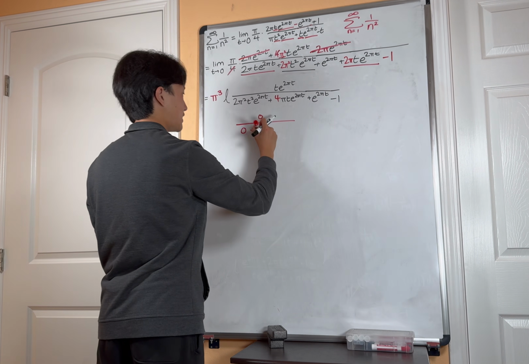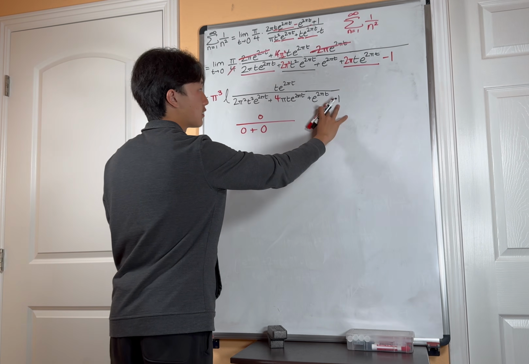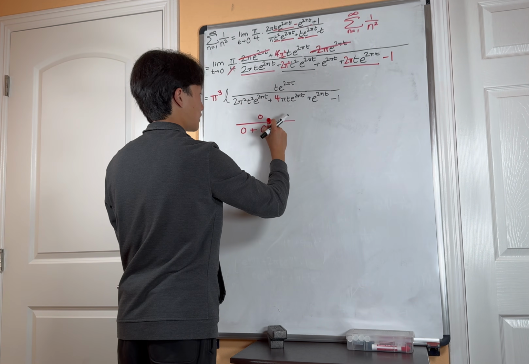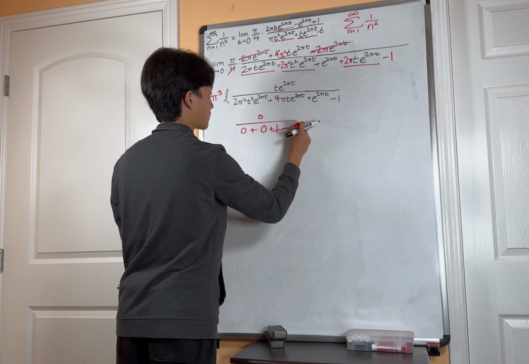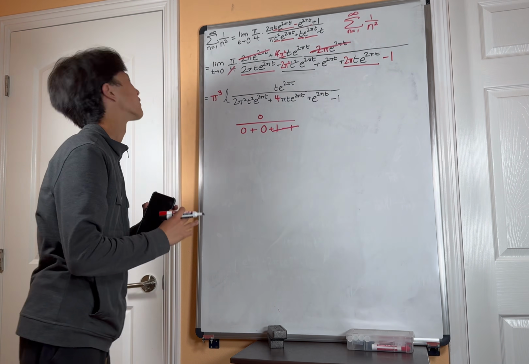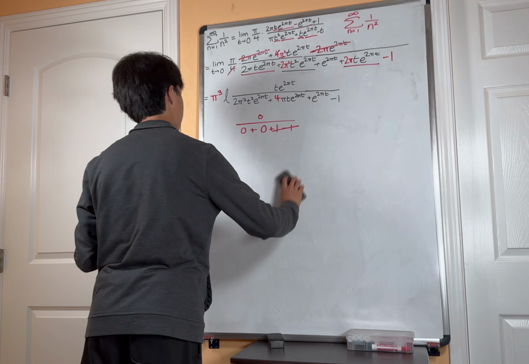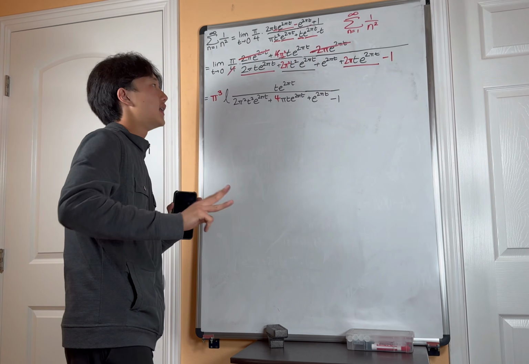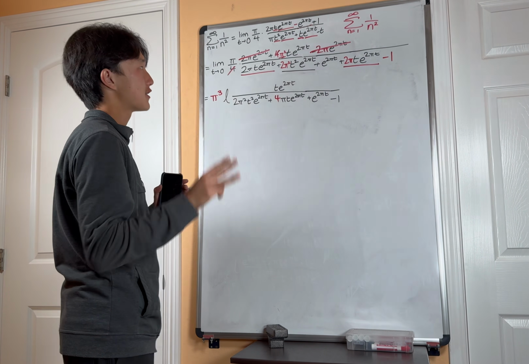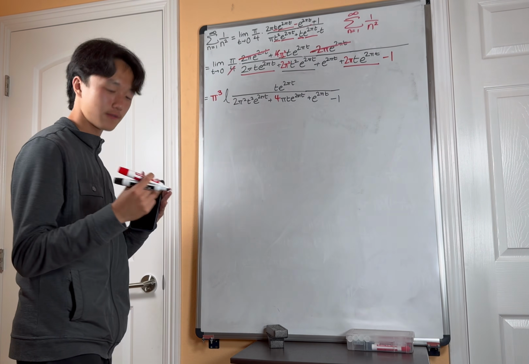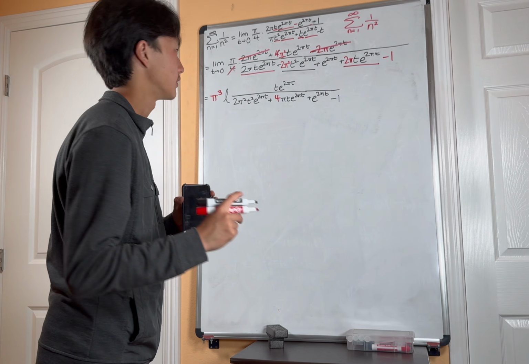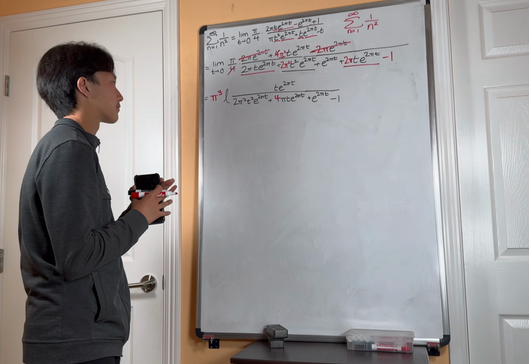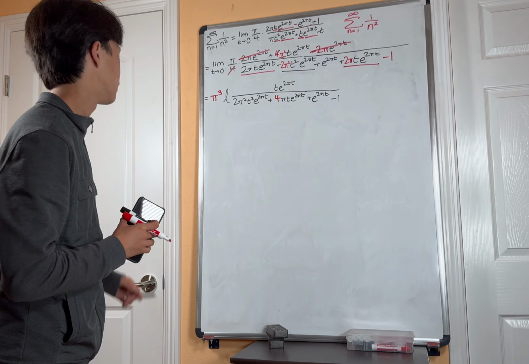There's a t here, times anything is still 0, and then over here, e to the 0 gives you 1, but you still have this minus 1, they cancel, 0 over 0, unfortunately. So, use L'Hopital's rule for the third time. Hopefully this actually ends up getting us somewhere, because right now it feels like you're doing work for nothing. But we'll see. Okay, so let's do L'Hopital's rule again.